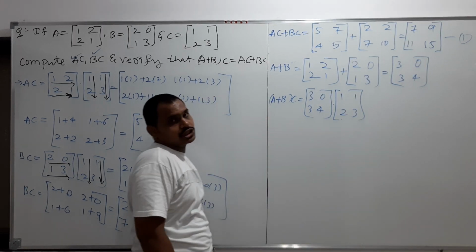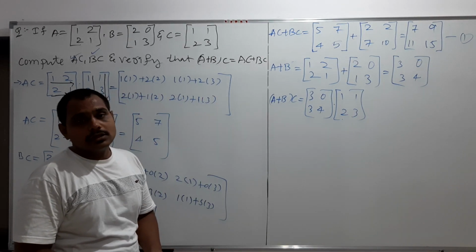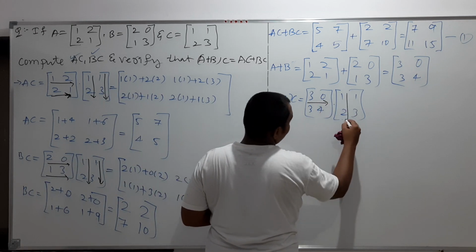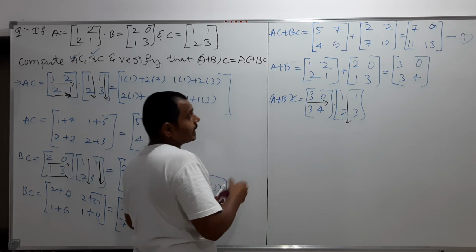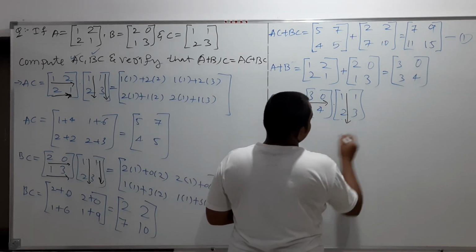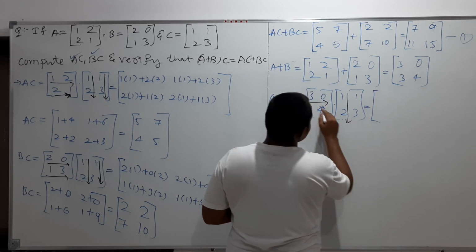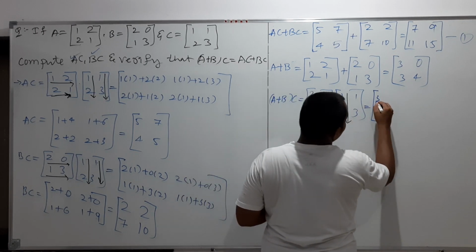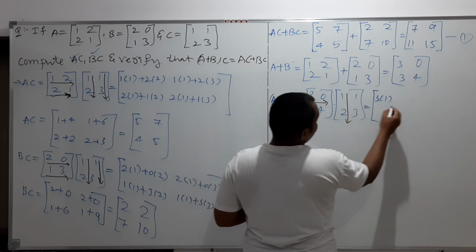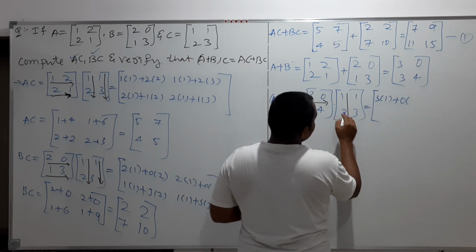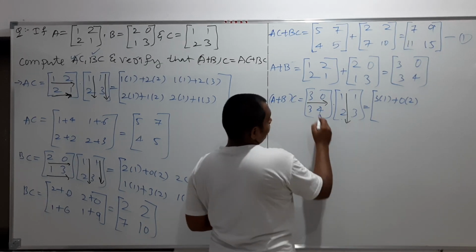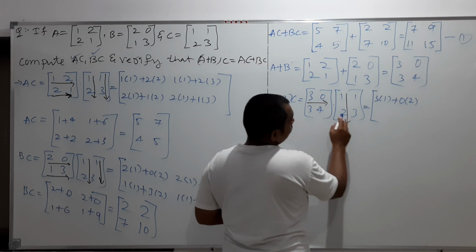So therefore multiplication is possible, and the multiplication is done by multiplying rows by columns. First row, first column: 3 into 1 plus 0 into 2.